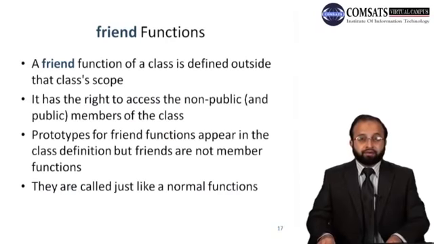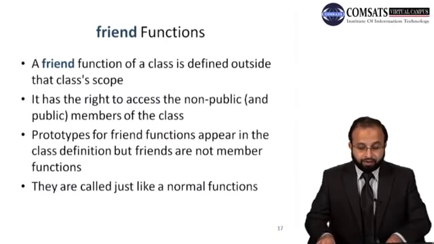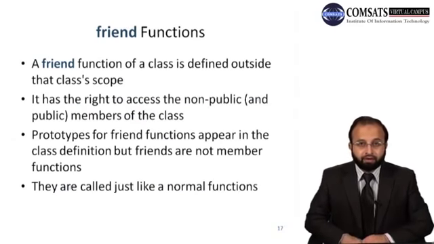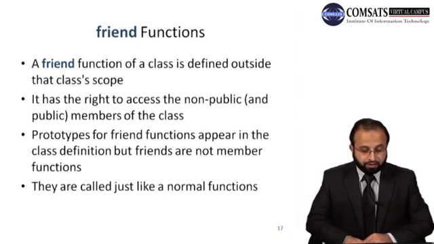Now let's see what a friend function is. A friend function of a class is defined outside the scope of the class. You have to tell through some mechanism that the function is a friend of a class, but the definition of that function is outside the class definition. It has the right to access the non-public and public data members or member functions of the class.